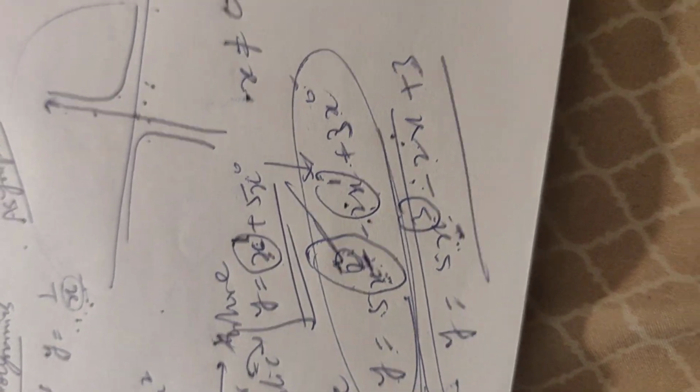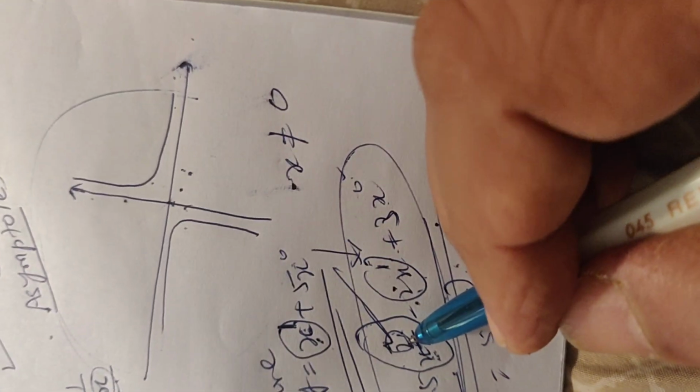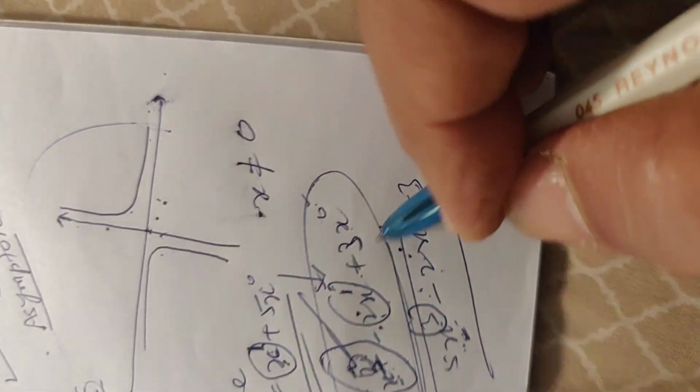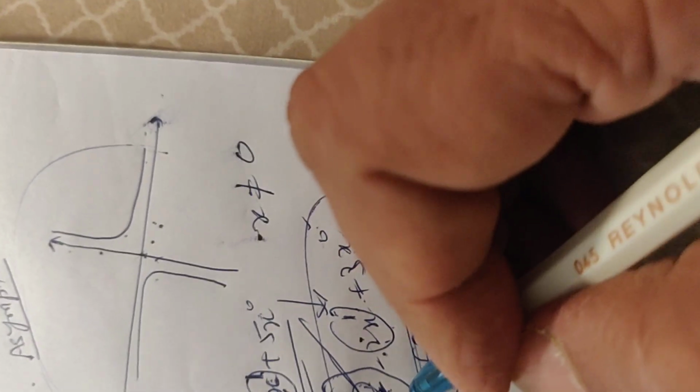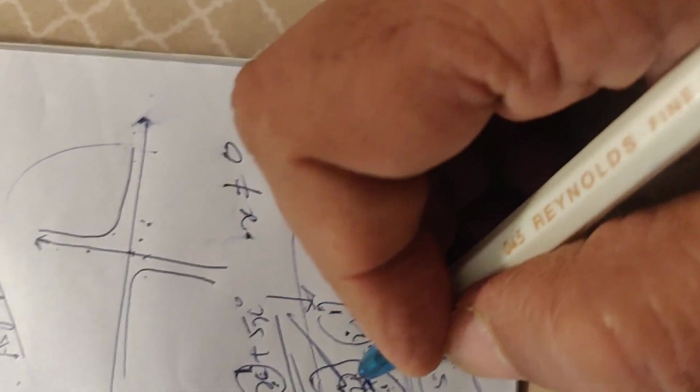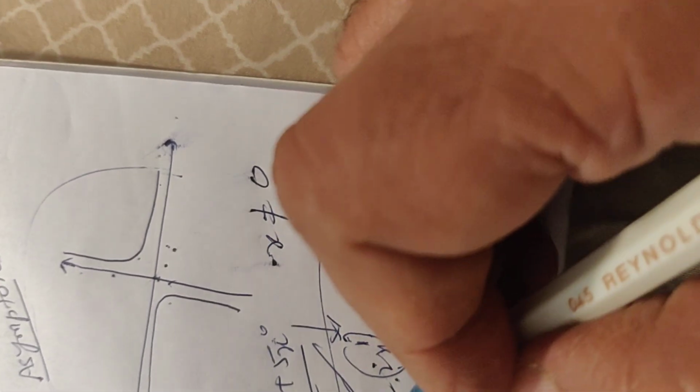So 2, 1 and 0. The maximum power in this equation is 2. So we differentiate this equation on the leader. The leader is the maximum power. The highest power is 2.